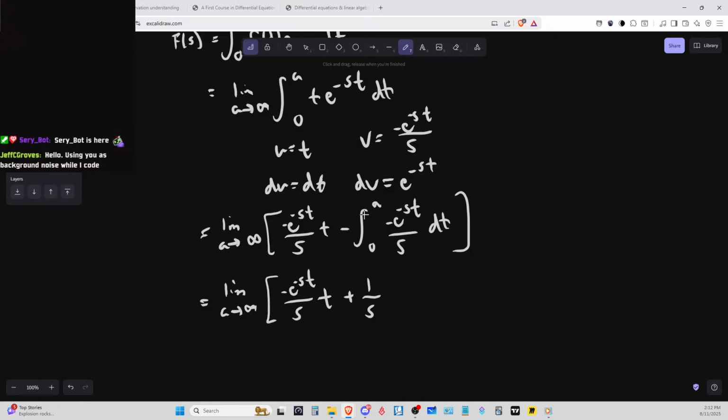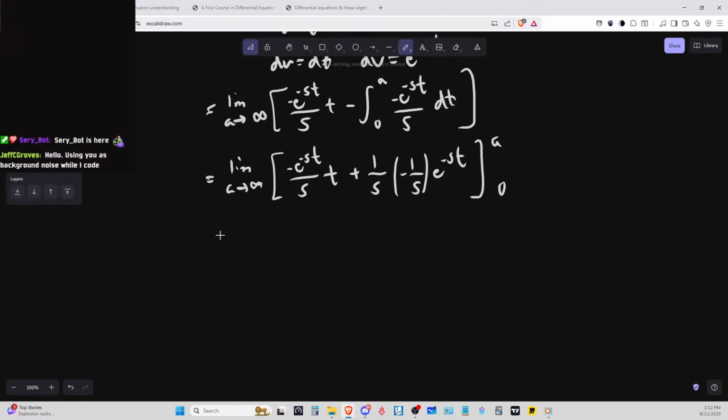Then we're left again with negative e^(-st) over s squared, from a to 0. So let's just clean it up a bit. So e^(-sa) times a over s, and this one's a minus, so minus e^(-sa) over s squared.